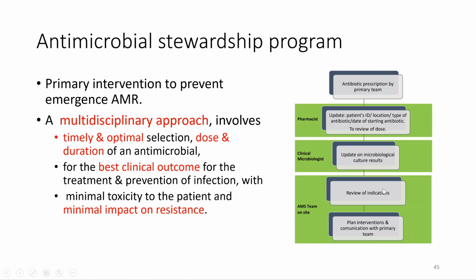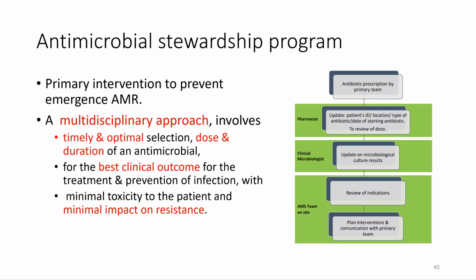Afterwards, we will look at whether the antibiotic being prescribed by the primary team is appropriate for that kind of culture result. So this is the activity, all of this up to the review.